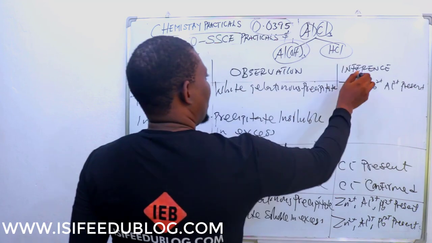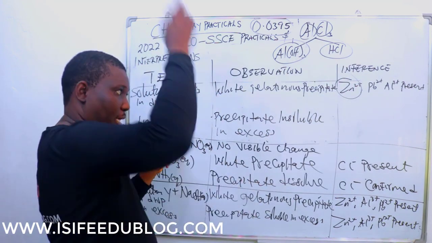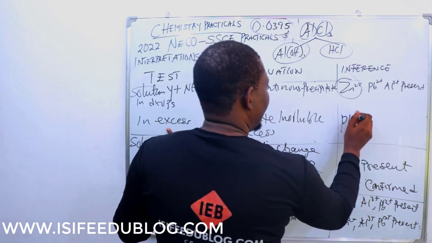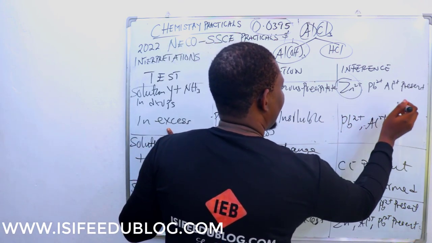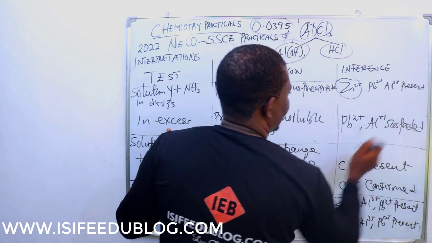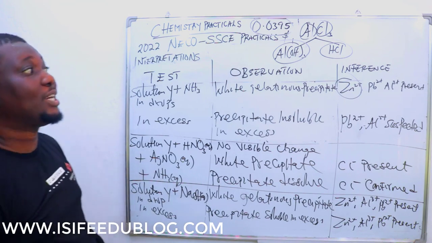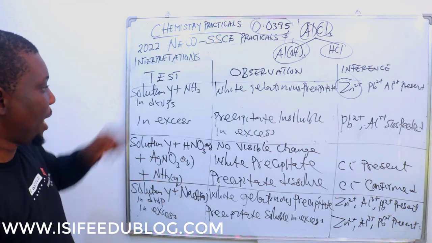But actually zinc is not going to be there again, because zinc will be soluble in excess ammonia. So take away zinc, you're going to have Pb2+ and Al3+. I'm not suspecting; I've already confirmed that zinc is not even close to the salt Y.